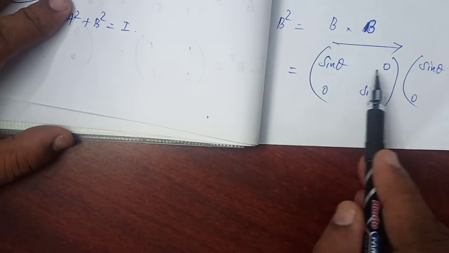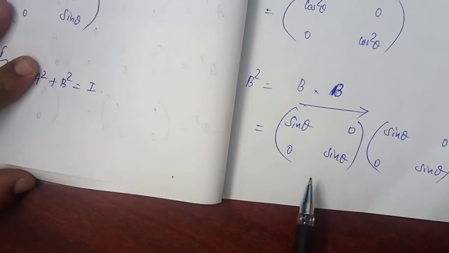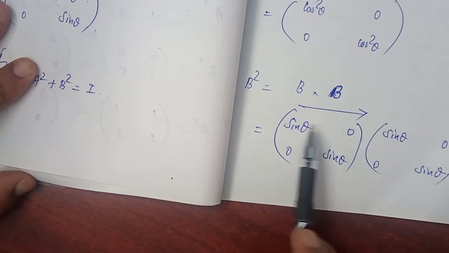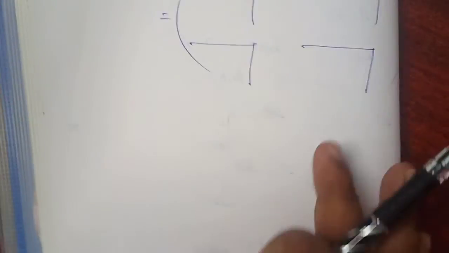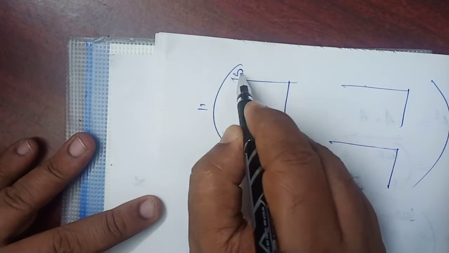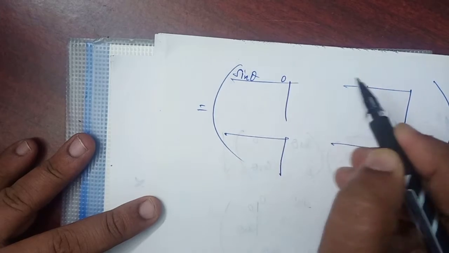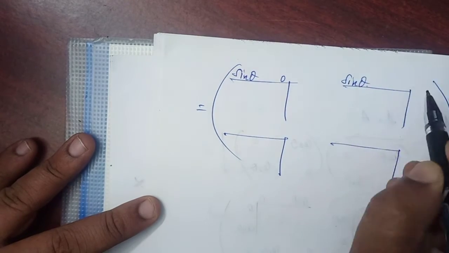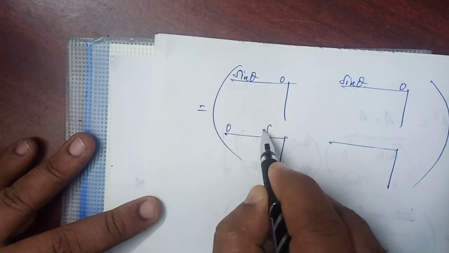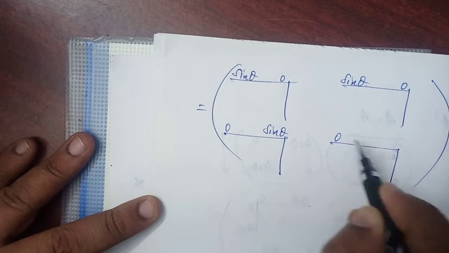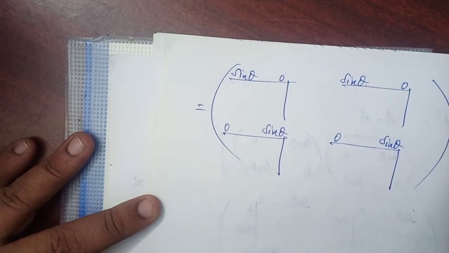Here first row sin theta 0, second row 0 sin theta. Sin theta 0, here also sin theta 0. Second one 0 sin theta.